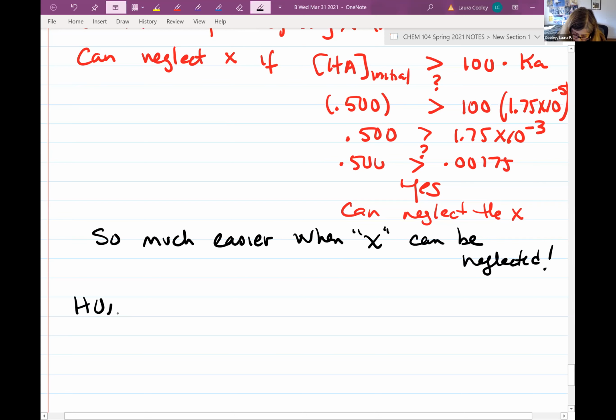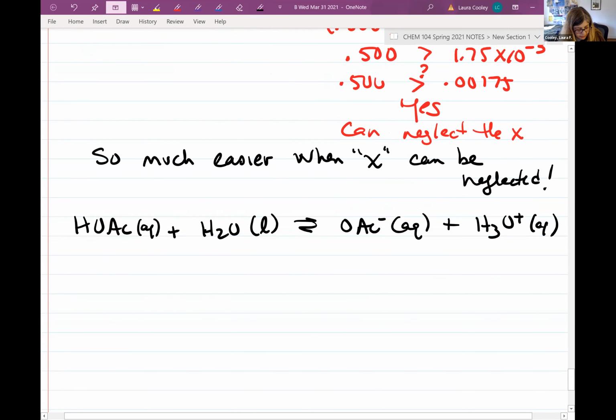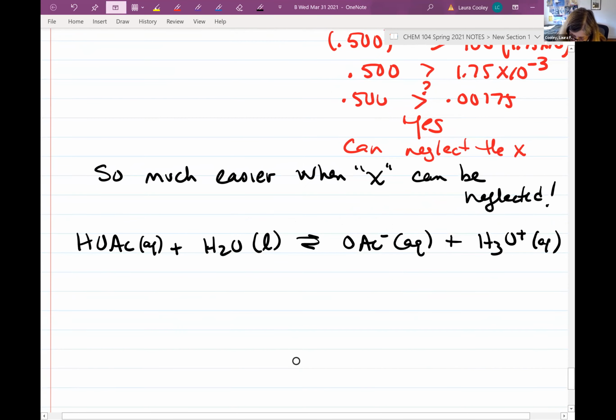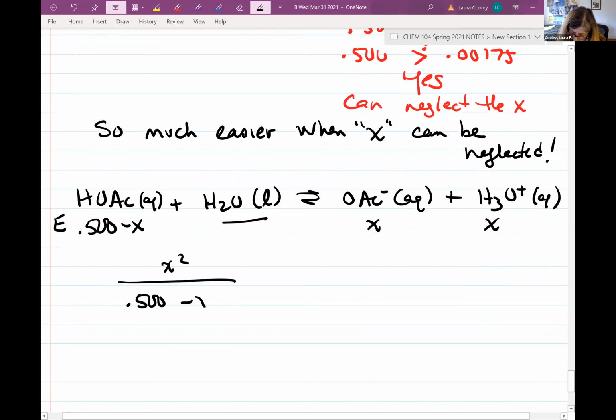So we have HOAc plus H2O goes to OAc- plus H3O+. And we had this already set up. This was 0.5 minus X at equilibrium. This was X squared over 0.5 minus X equals the Ka.